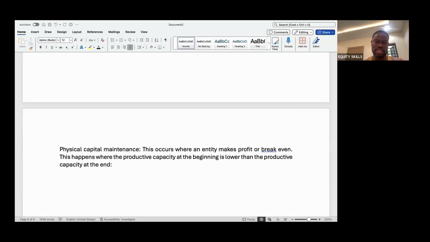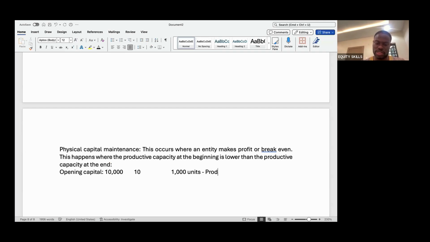So what we are saying here is this: if your opening capital, of course, it's usually expressed in money, but let's say the goods you produce per unit is 10 naira, which means you can only do 1,000 units of goods. This is your productive capacity.